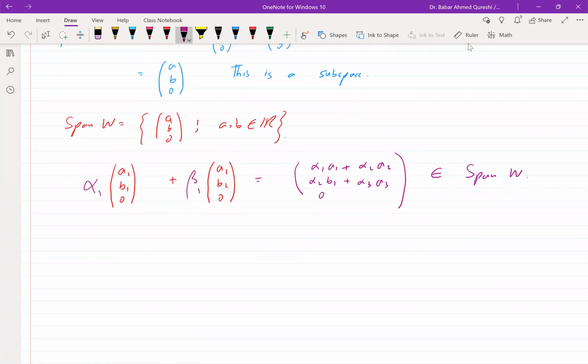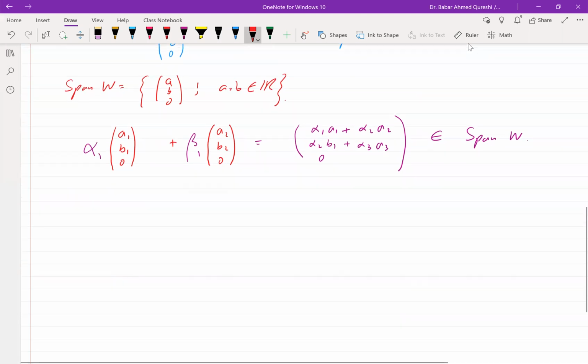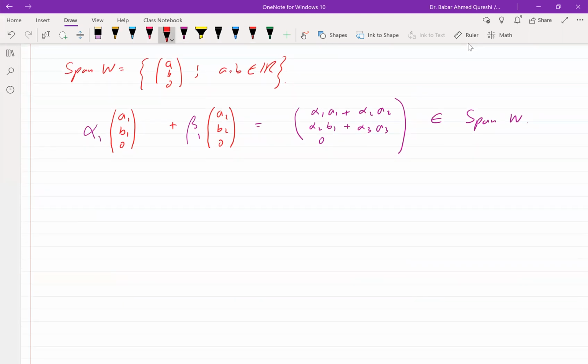So we have seen these two examples that if I pick any number of vectors and make a span, I am getting a subspace. So let's take one more example. This time let's consider R2, and let's take these two vectors from R2 and make a span.